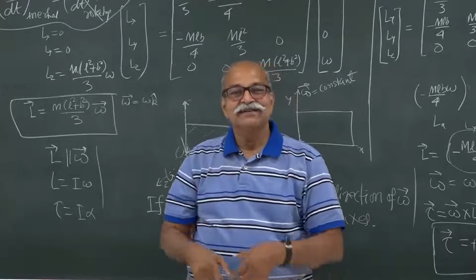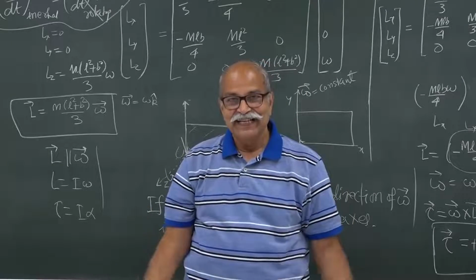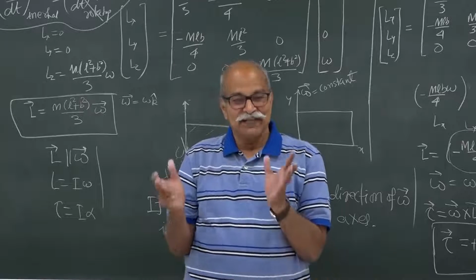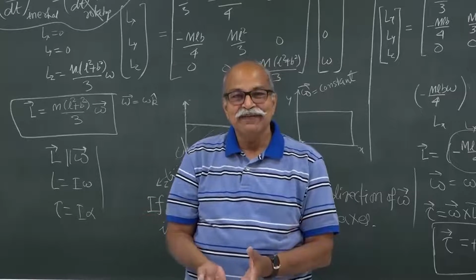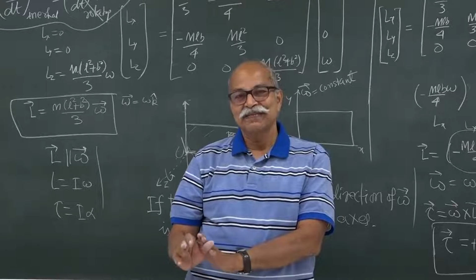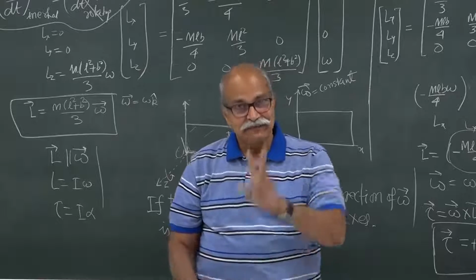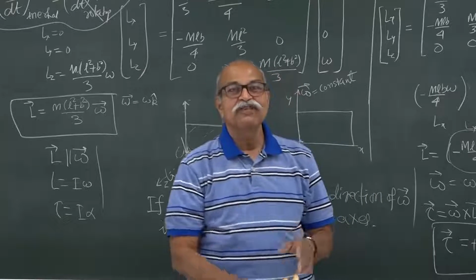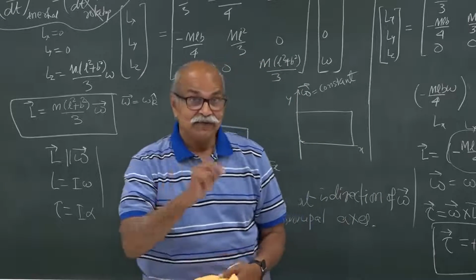But if symmetry permits, if the object is of some good geometrical shape, you can find by inspection where those principal directions are. There are 2 simple rules which work most of the time. I will tell you about that.